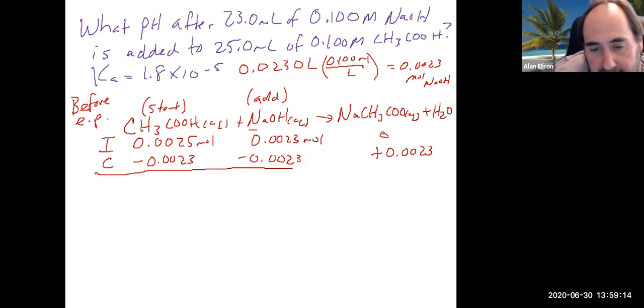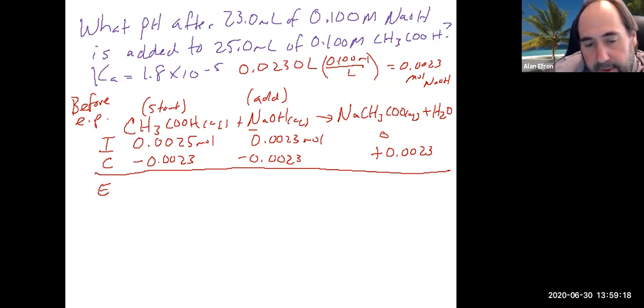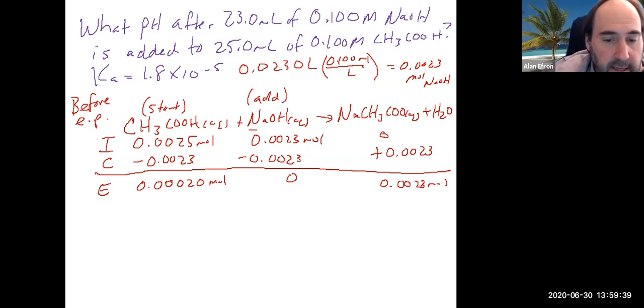That means at equilibrium we will end up with 0.0002 moles, then 0, and 0.0023 moles, right?